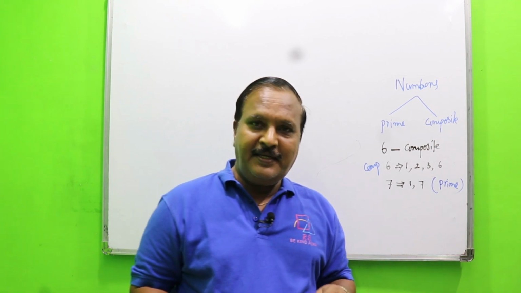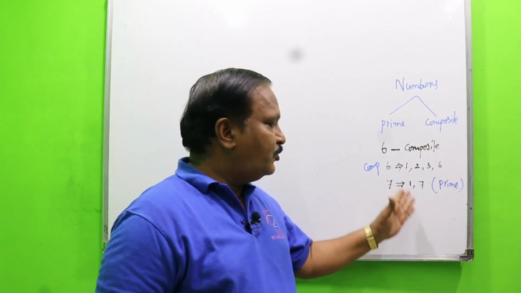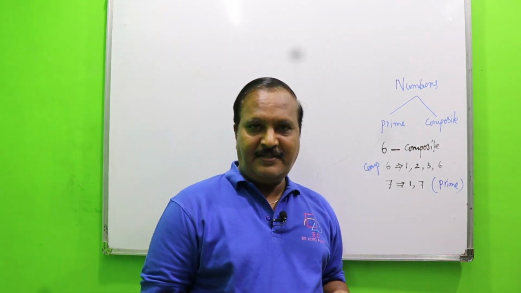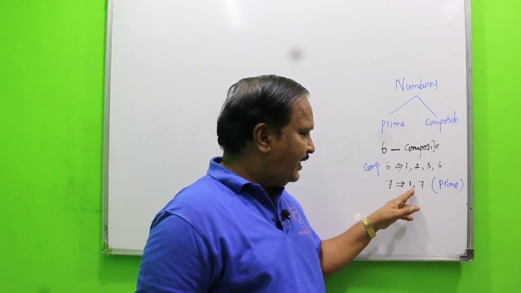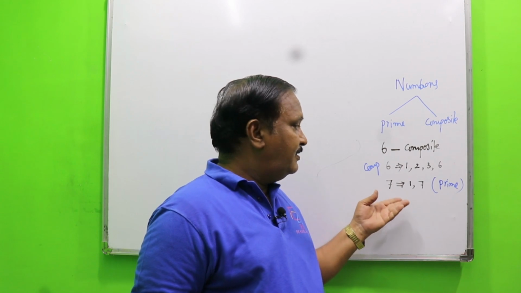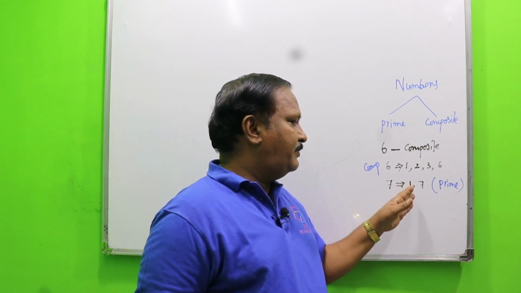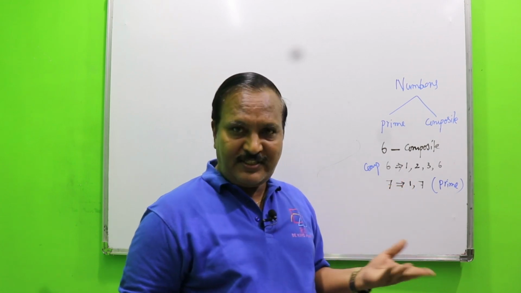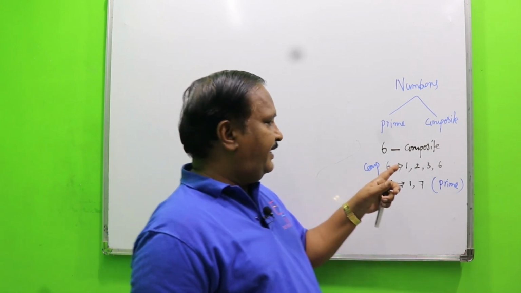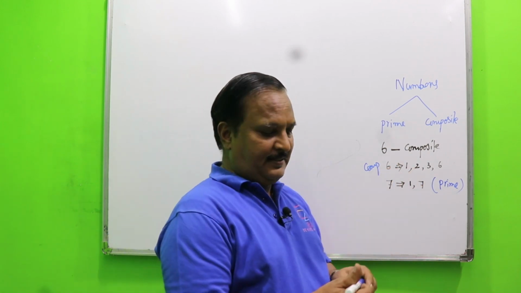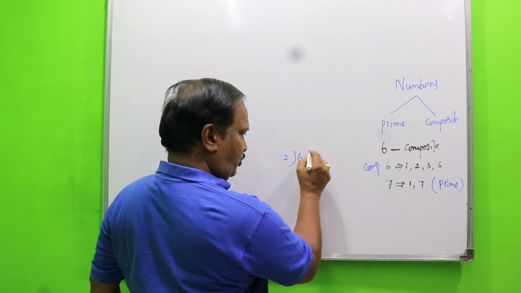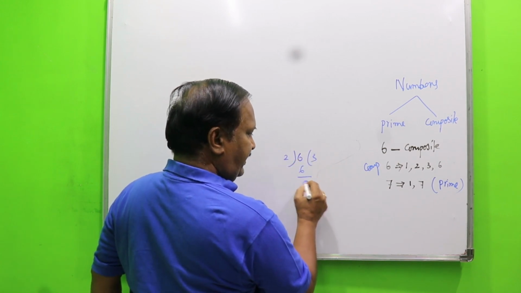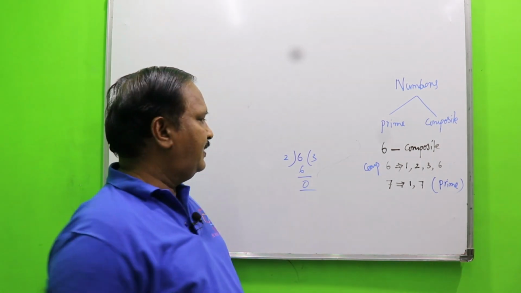So these two are based on the factors only. Now you should understand how to find the factors. Factor is very simple. 1 is a factor of 7 because 7 divided by 1 gives remainder 0. 2 is a factor of 6, that means if you divide 6 by 2, you will get remainder 0.